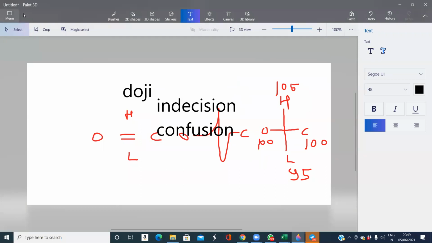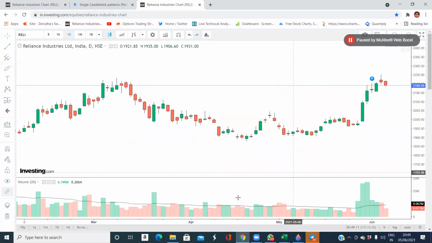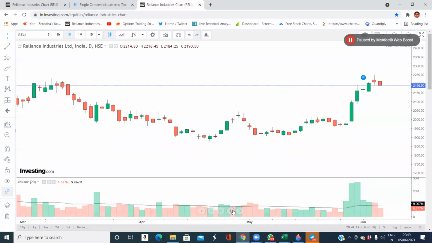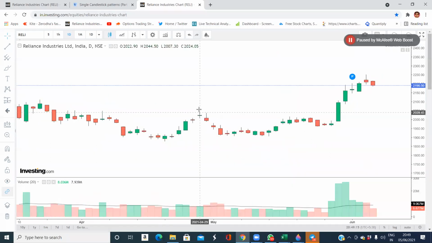Okay, guys. Let us see how a doji candle looks on the chart. This candle is doji.